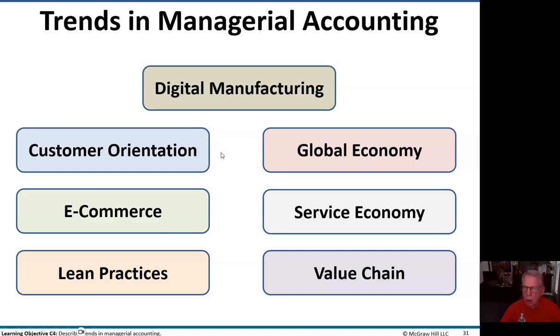Manufacturers have figured out that the customer is important, and we want to make sure that we meet, maybe not exceed, but meet the customer's expectations with the lowest possible cost, best value for the dollar, right? And then e-commerce in the last 10 years has just dramatically increased.